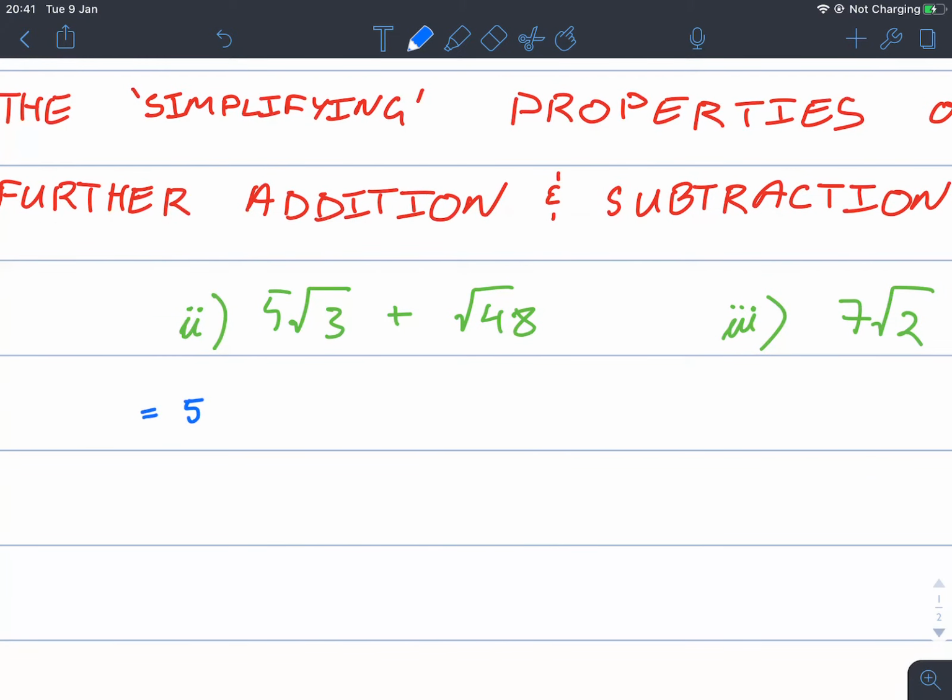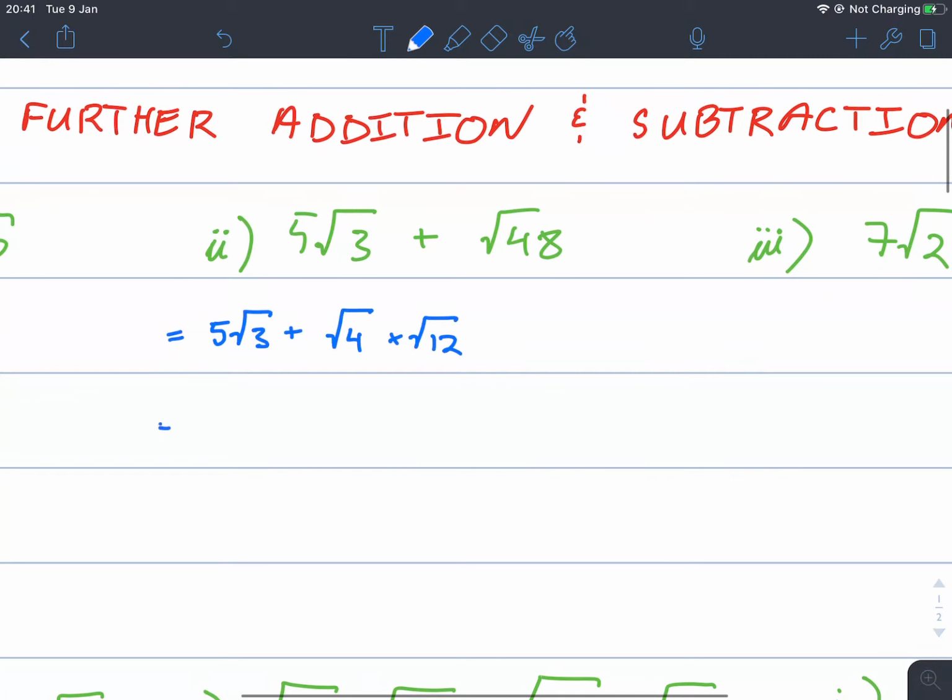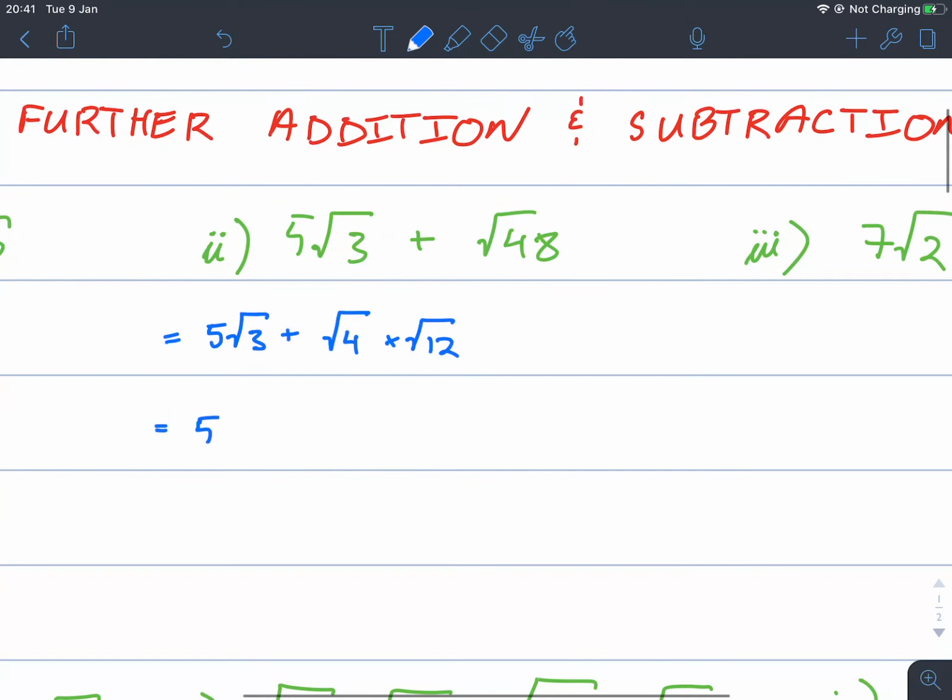This is 5 root 3, which will stay the same because root 3 is already simplified. And now 48 I can see is broken up into root 4 times root 12, plus root 4. But then I realize again that root 12 can be broken up into 4 times 3.